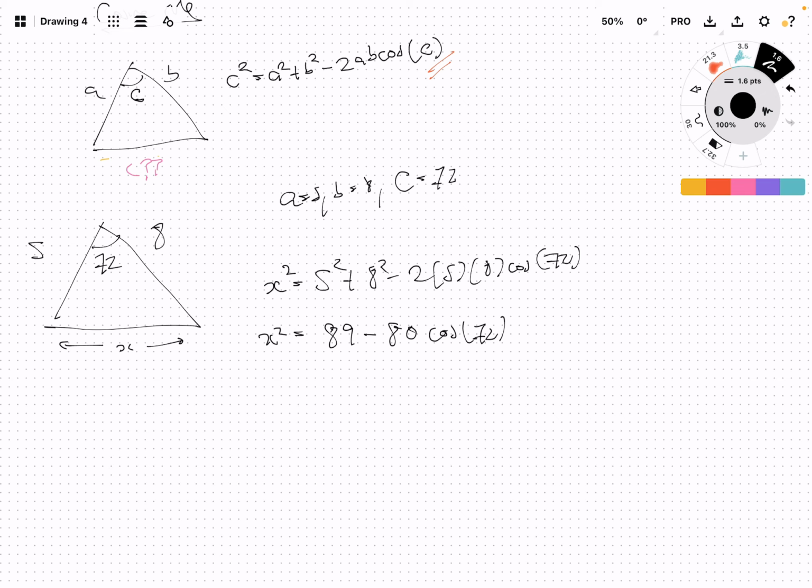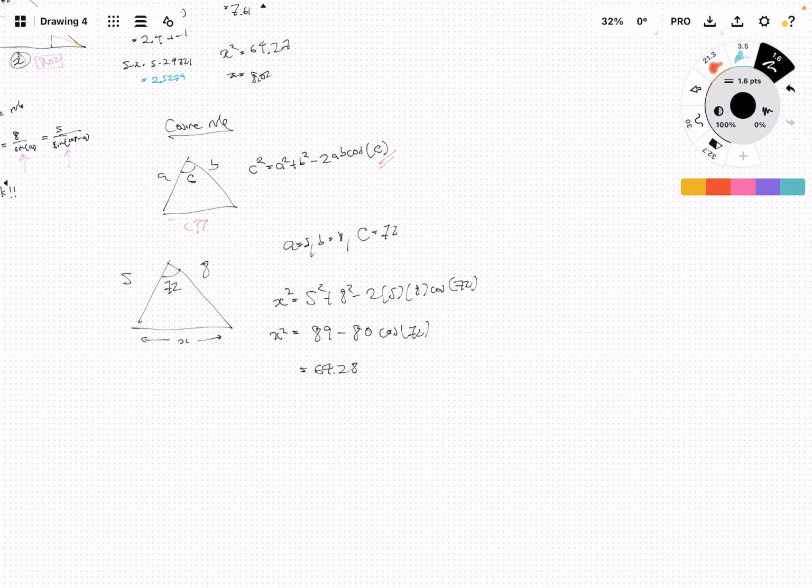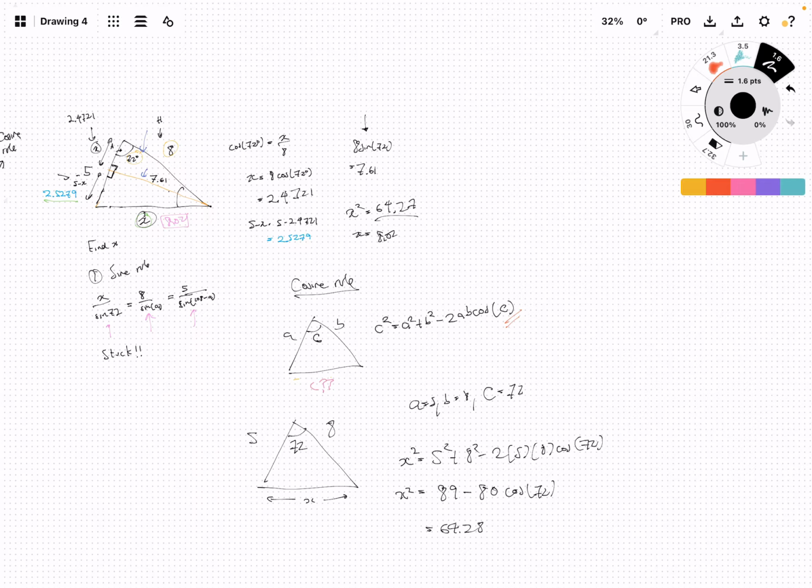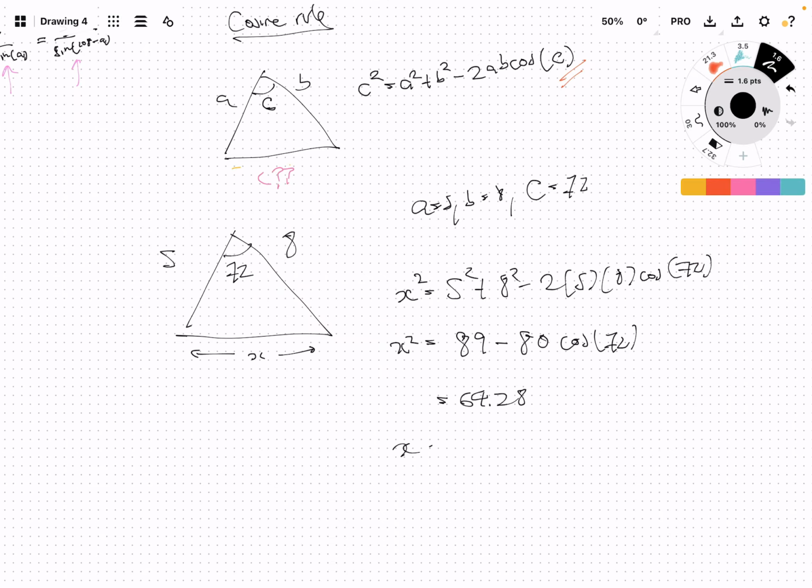And if you were to solve this, you'll get that this is equal to 64.2728. That's the exact same answer we had before. When we square root it, it'll be 8.02 again.